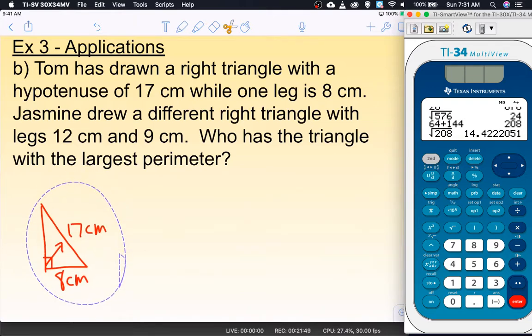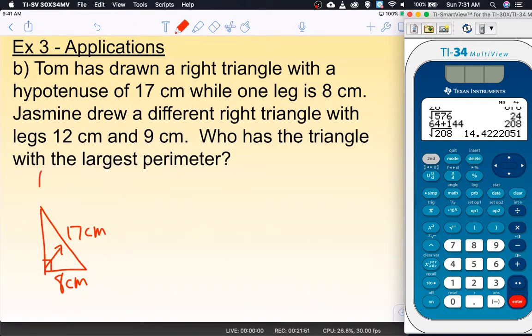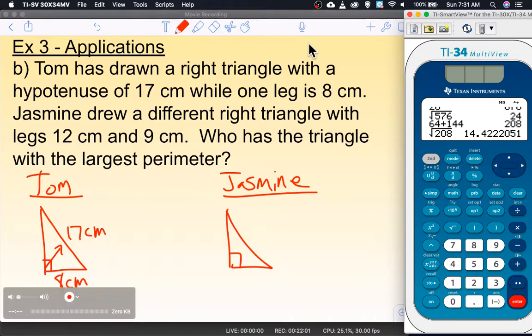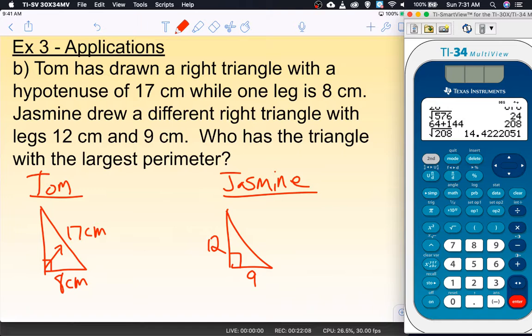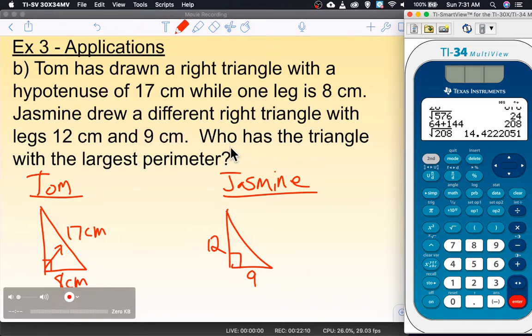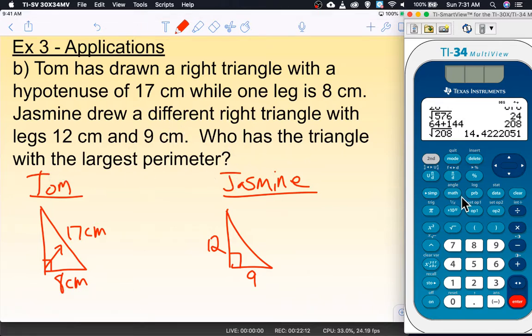And there's another person, Jasmine. Jasmine drew a different right triangle with legs of 12 and 9 centimeters. Who has the triangle with the largest perimeter?